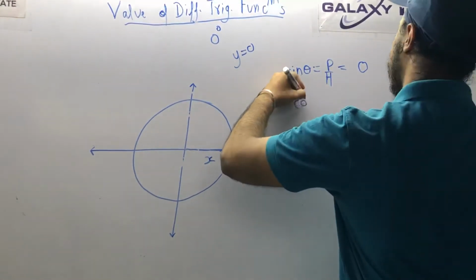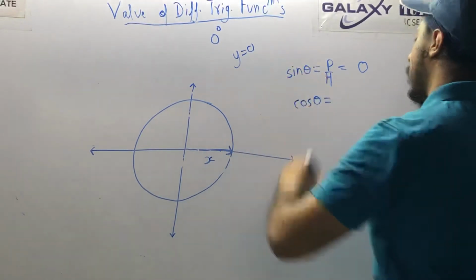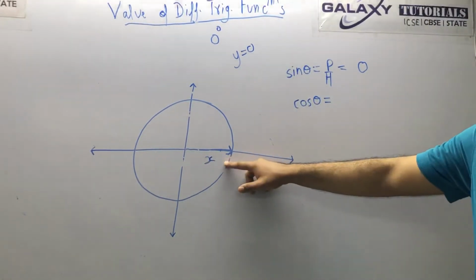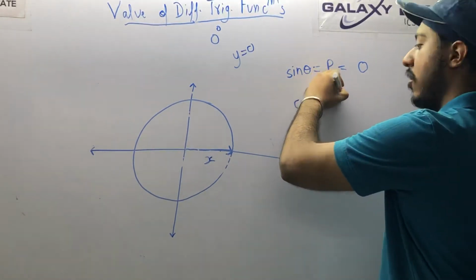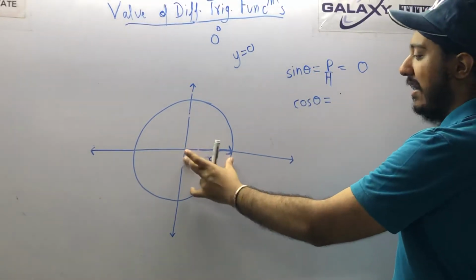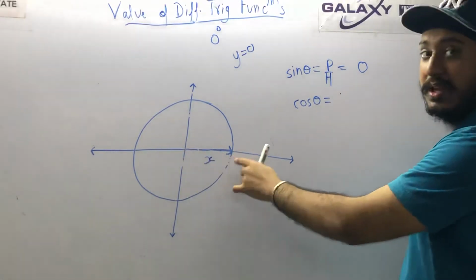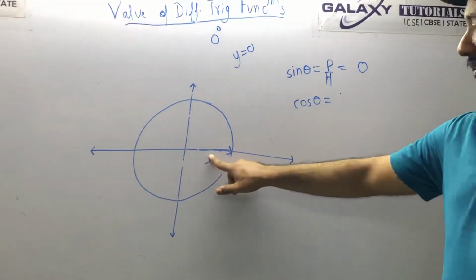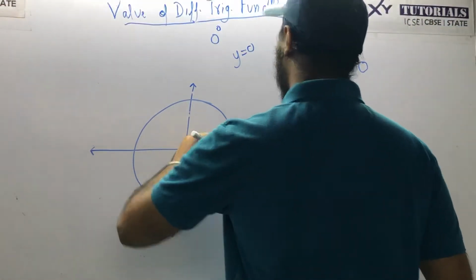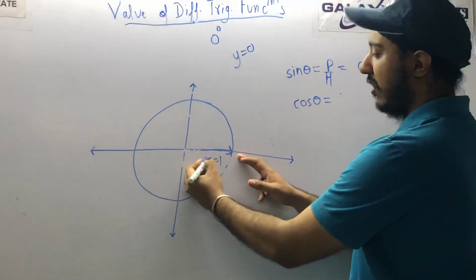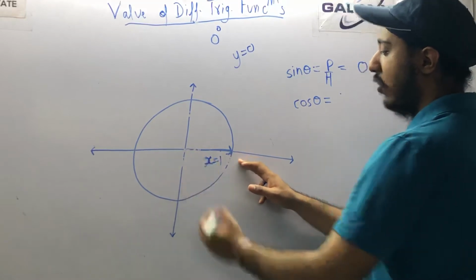Next is cos theta. Cos theta will be base upon hypotenuse. Base is how much? X. And x is basically in this direction. And what is x? X is basically the radius. Because this is a unit circle, the radius is x, so x is equal to 1.